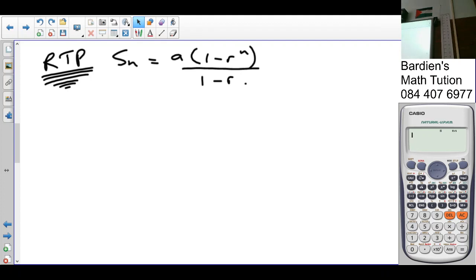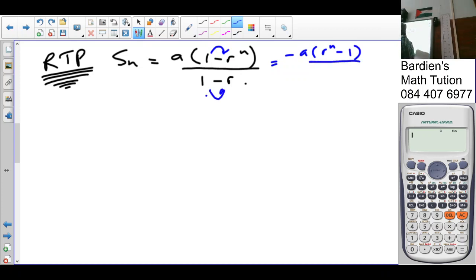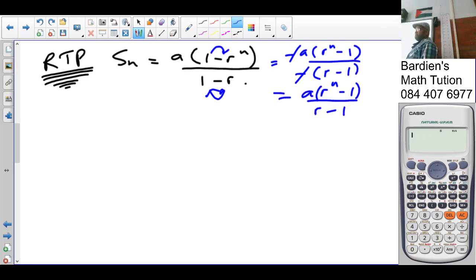This is exactly the same. What will happen if I swap this around? A negative comes up, so it's negative a into r to the n minus 1. If I swap the denominator around, a negative comes out, it's going to be r minus 1. The negatives cancel, so it's a into r to the n minus 1 over r minus 1. It's exactly the same thing.